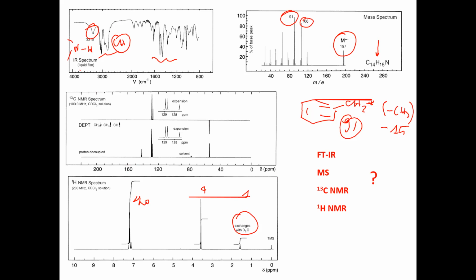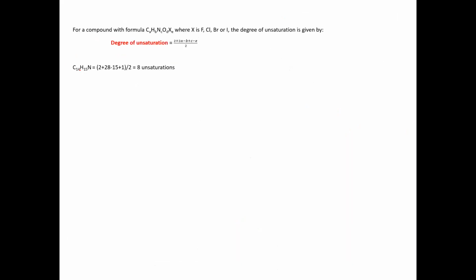That's a signature of that. All considered, 8 unsaturations. IR shows a non-primary, so substituted, amino group. It's not an amide because you don't have a carbonyl. It has to be NH something at some point in the molecule. So sometimes you just put on one side: I must have an NH connected to something.